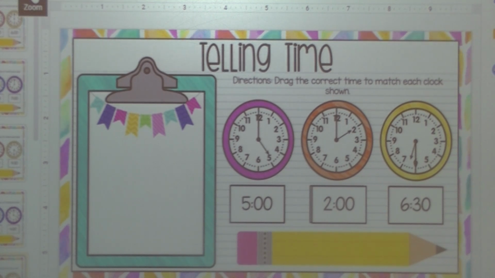Here's what you should have. For 12 o'clock, your hour hand and your minute hand should both be pointing to the 12.